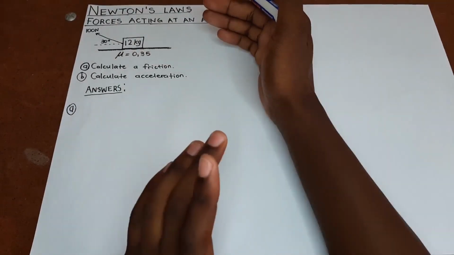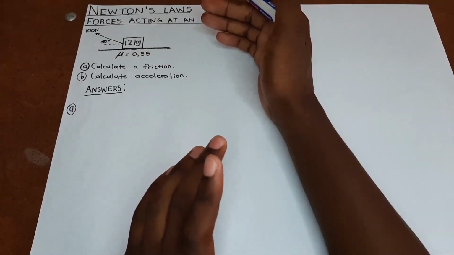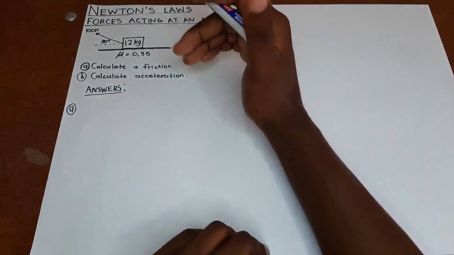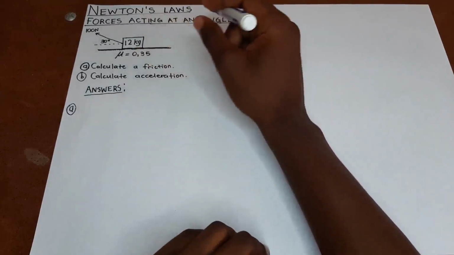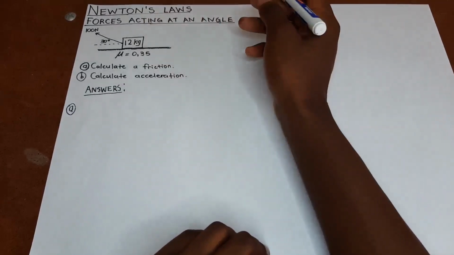You know that in order for us to calculate a frictional force, we have to first find the value of the normal force acting on that 12 kg block.